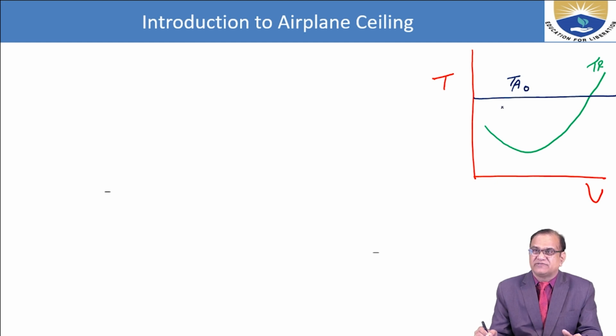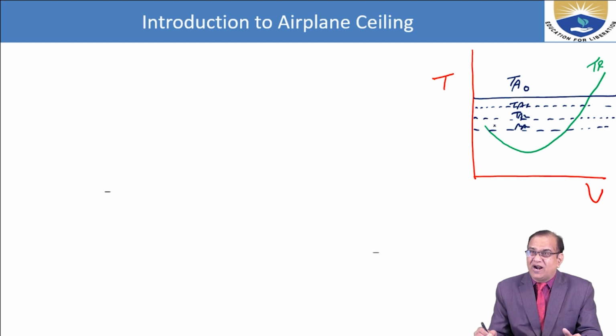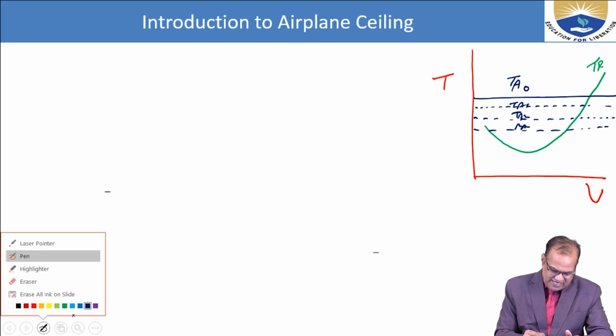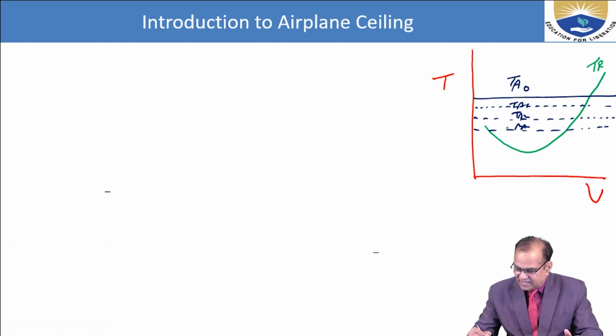So as you go to higher altitude, this is at sea level, I am writing 0 here. But as you go up, your TA will be reducing like this: TA1, TA2, TA3. But what will happen to the TR curve? I will draw it here again in the same color. At another altitude, at 1, this will be TR1.